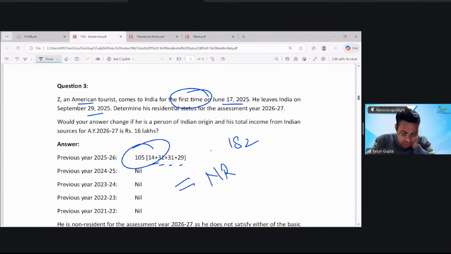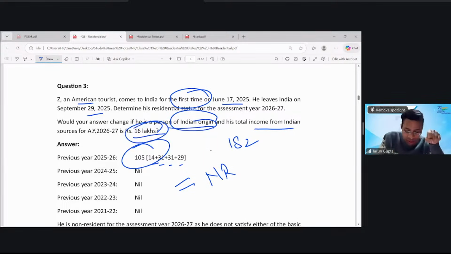Would your answer change if he is a person of Indian origin, and his total income from Indian sources for AY 26-27 is 16 lakh, which means more than 15 lakh? So he's of Indian origin, settled outside India, who comes for a visit, and his income is more than 15 lakh.